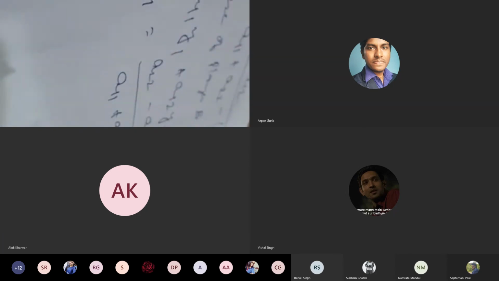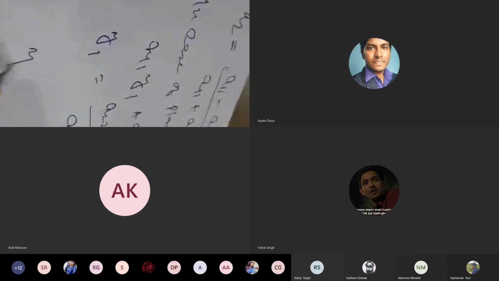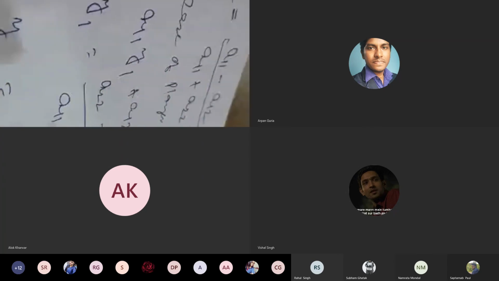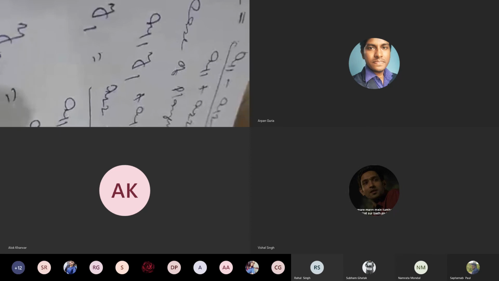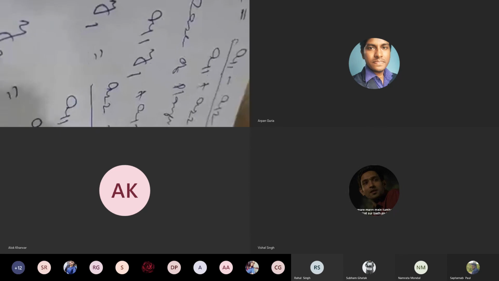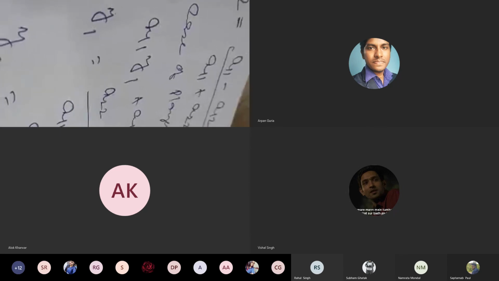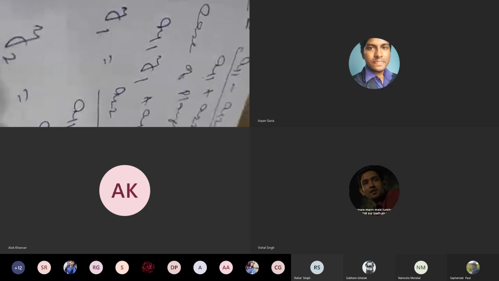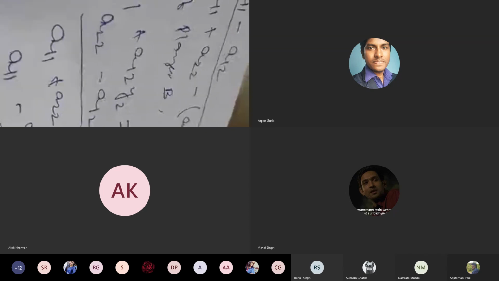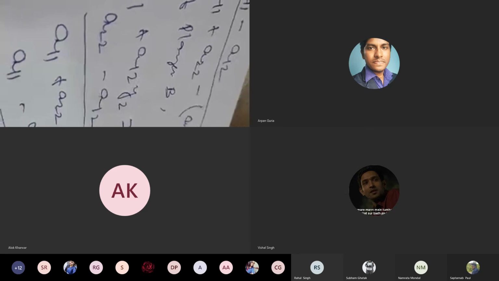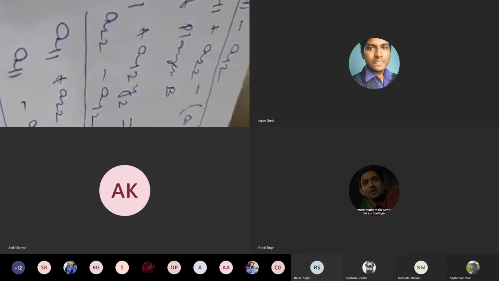This is y1. Then you will also get y2 equal to A11 minus A21 divided by A11 plus A22 minus A21 plus A12.